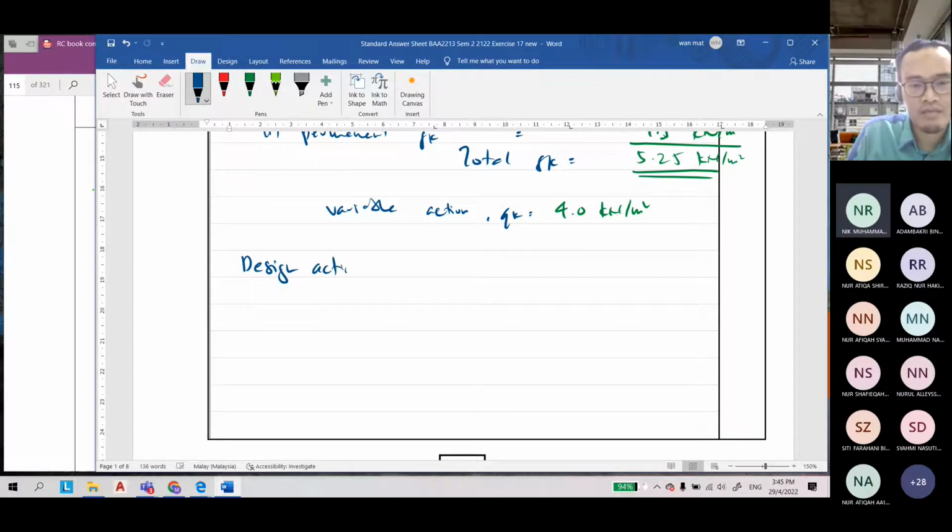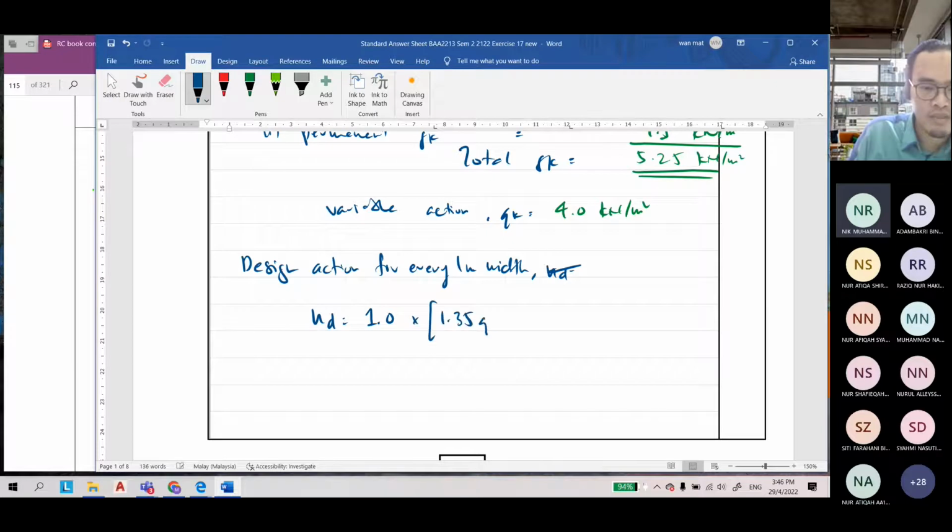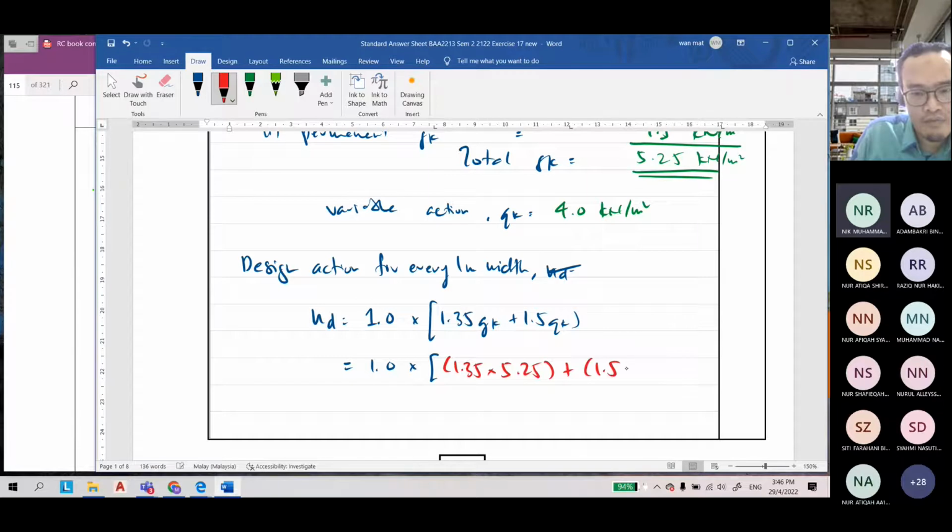Design action for every 1 meter width, nEd is equal to 1.0 multiplied by 1.35 gk plus 1.5 qk. So equal to 1.0 multiplied by 1.35 times 5.25 plus 1.5 multiplied by 4. So any answer now?